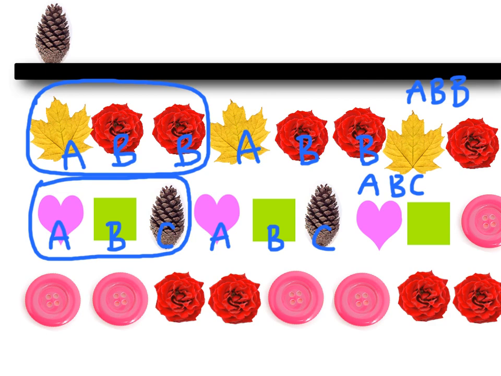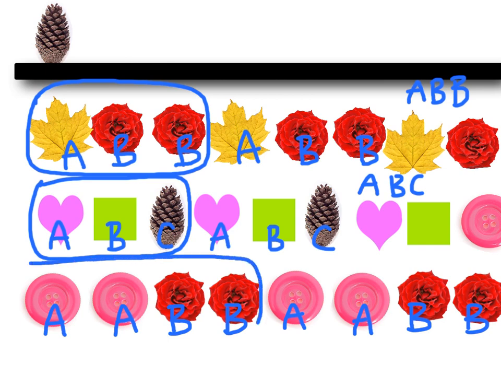Okay? Alright, let's have a look here. Our last pattern. So I've got a button, button, rose, rose, button, button, rose, rose. Alright, so for button it's going to be an A. So there's another button, I have to give that an A. Then a rose is B, another rose is B. So the button is A, the next button is A, the next rose is B, and the next rose is B. Now what part of this pattern repeats?